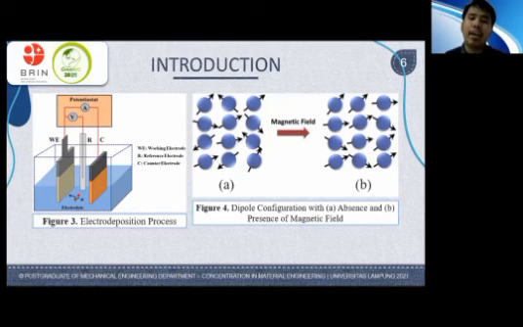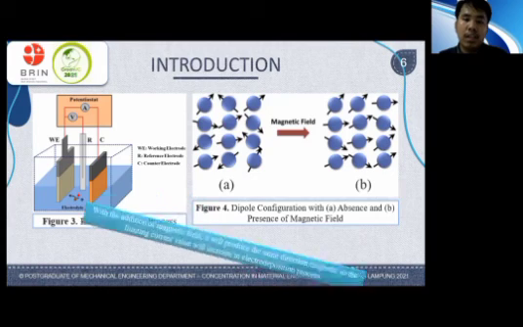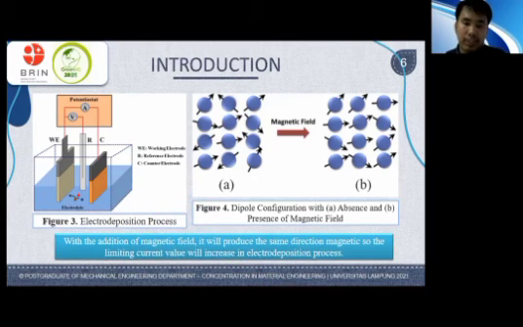If we apply the magnetic field in the lanthanum process, the direction of the magnetic field will be the same direction. So with this addition, the limiting current value will increase and the electrodeposition process will be more efficient.